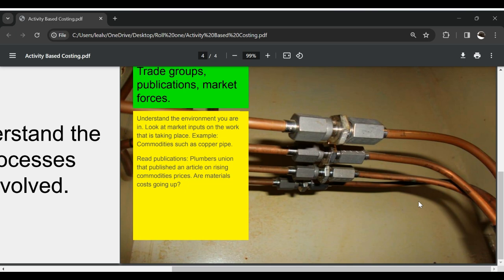This could be applicable to any new job that you're taking on. You're just going to want to understand the current state of things, doing your due diligence, and looking at materials costs. That's a relevant part of understanding the activity, as well as understanding what's going on in the industry.